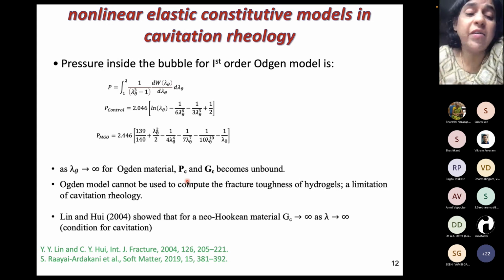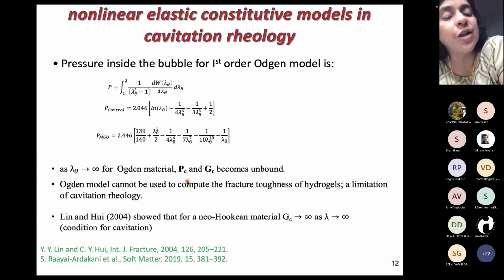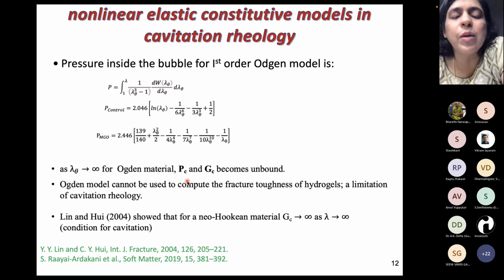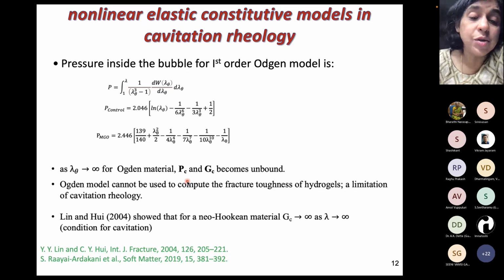And it presents a very serious limitation in cavitation rheology. In fact, most strain stiffening material models that are typically used to show the properties of tissues cannot be used in cavitation rheology. So this is a big issue. This is something that we recently showed in a paper which got published earlier this year.